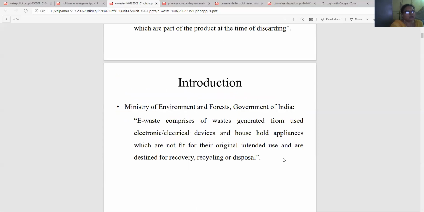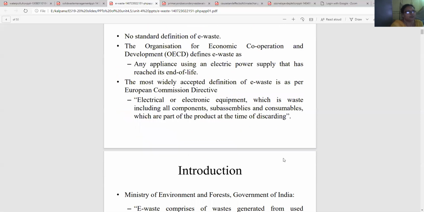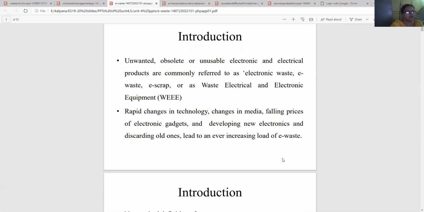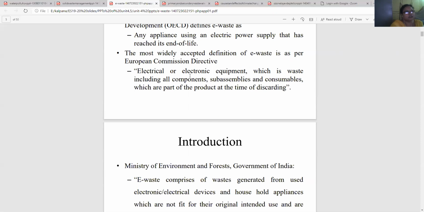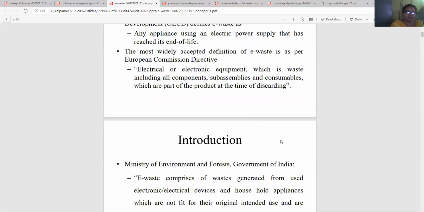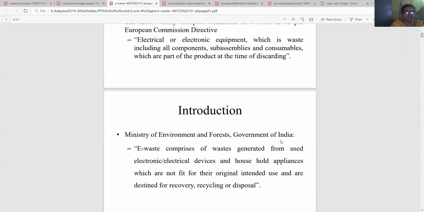It includes all the components, electrical or electronic components which are waste, including all components, sub-assemblies, and consumables which are part of the product at the time of discarding. So we have to think of it while we are discarding it.